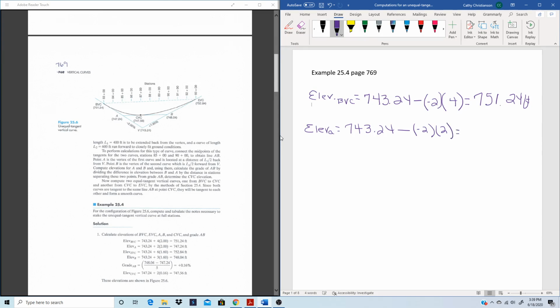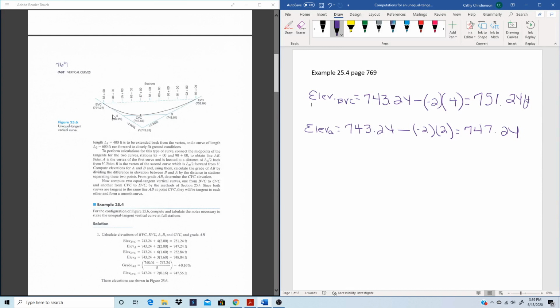So that's always going to be L over 2. This is always L. And they got 747.24.